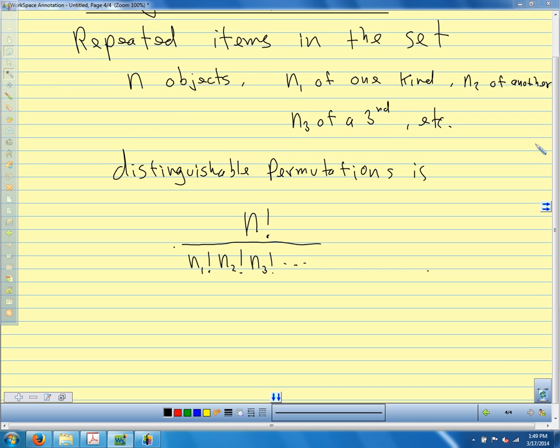So let's look at an example of calculating a distinguishable permutation. So let's say we want the number of distinguishable ways we can arrange the letters in the word mathematics.